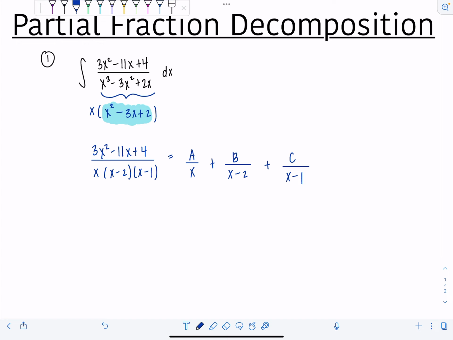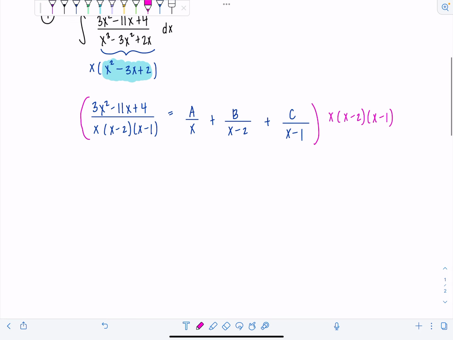Nice. Now in the next step, you want to clear out all your denominators. So we're going to multiply by the LCD. In this case, that's x times x minus 2 times x minus 1. And everything in this equation gets multiplied by that. So on the left-hand side now, we're just going to be left with 3x squared minus 11x plus 4.